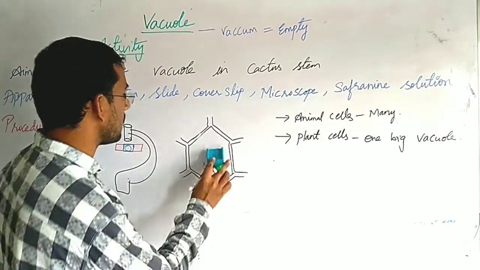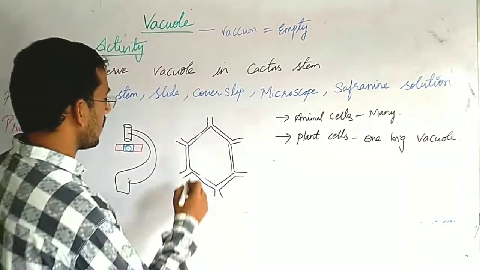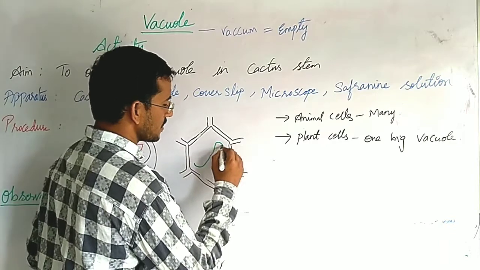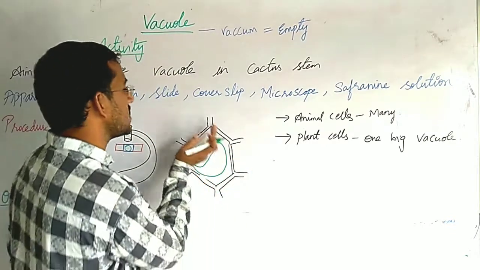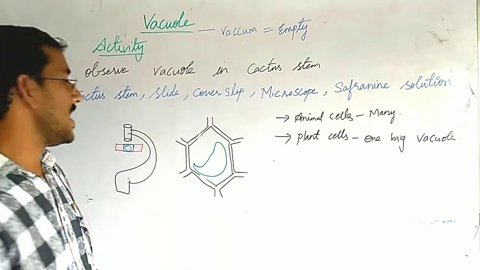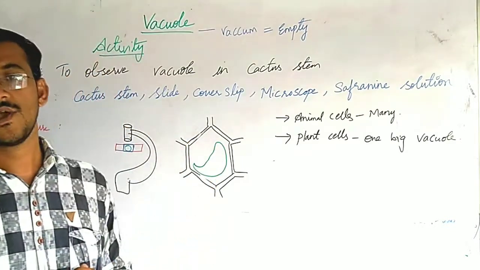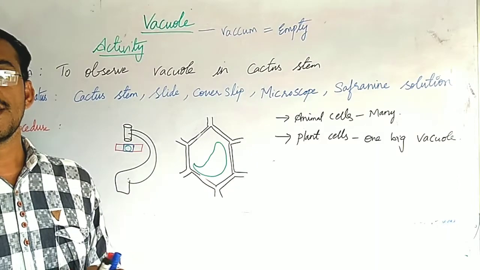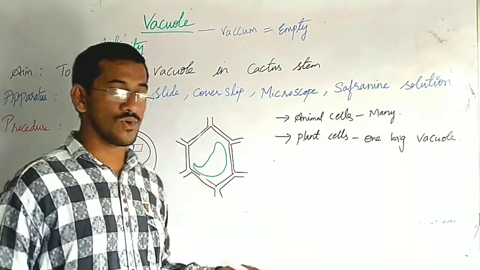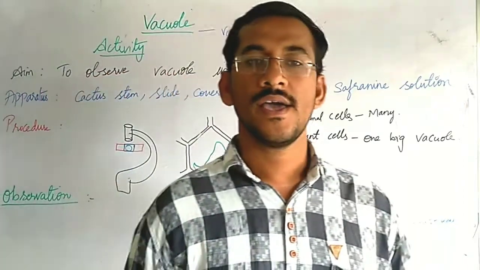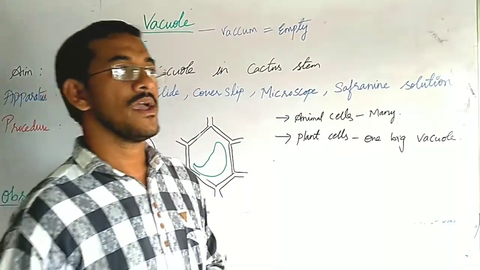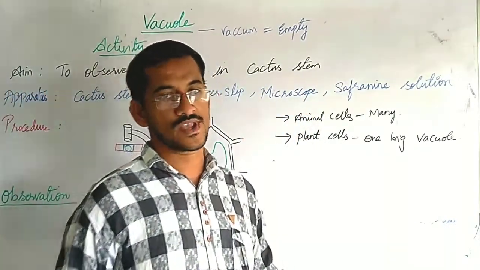At last they combine together and make a big vacuole, and they occupy the center place and push the nucleus to the peripheral region. And what is the use of this vacuole? These vacuoles store food, liquid food, solid food, and they play a different role in different organisms.